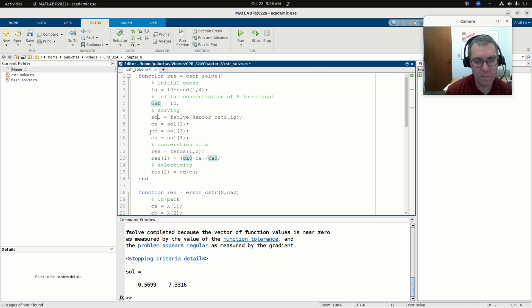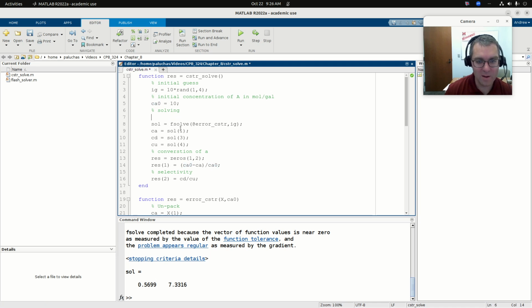And then to get that to my error function, I do that via an anonymous function. So I'm going to say error CSTR reduced is equal to, I want my final error function just to have a single input, say x. When I pass x to this anonymous function, what do I want to do?